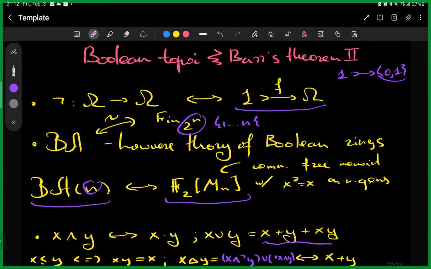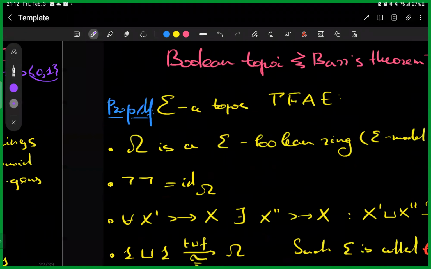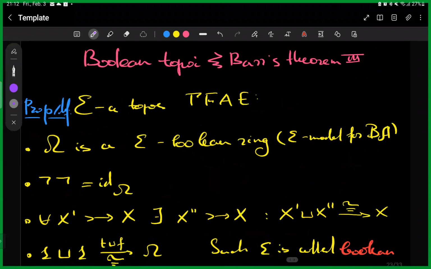Okay, so we have this correspondence between set theoretic or object-wise operations and algebraic operations, and this is all very abstract, so it's a linear theory, and we can define internal Boolean algebras for an arbitrary topos because of that. And so now we arrive at the notion of a Boolean topos. So for a topos, the following conditions are equivalent.